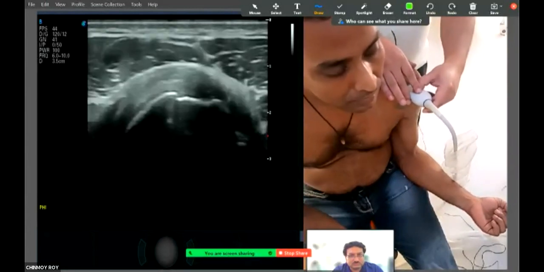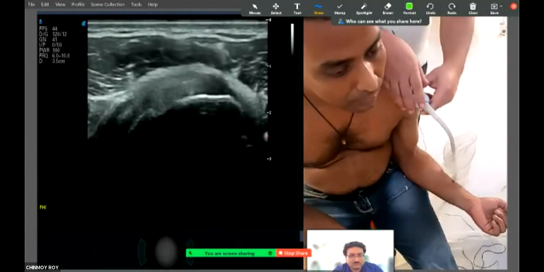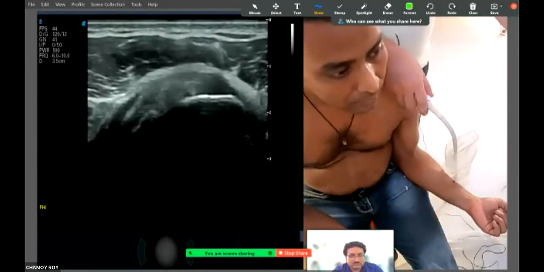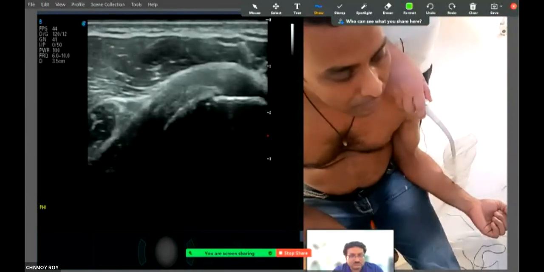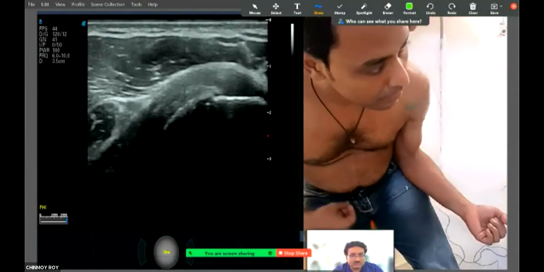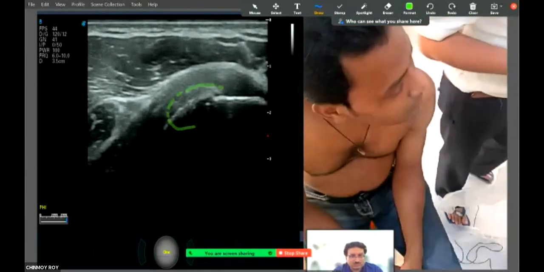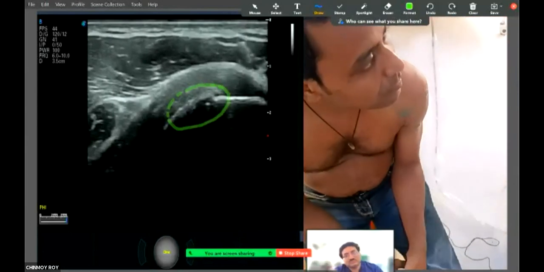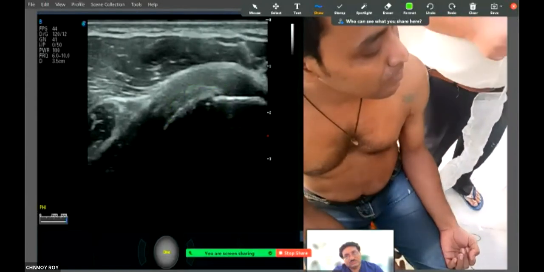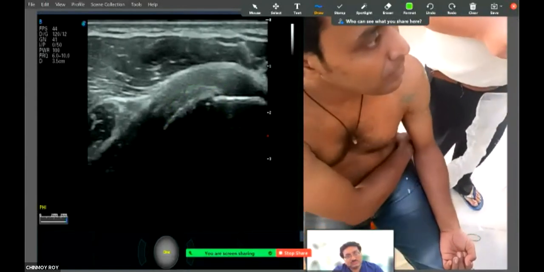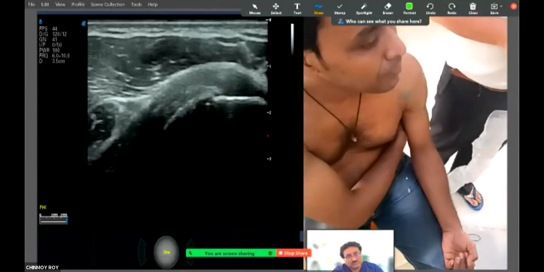While seeing, we will also notice that though he is our volunteer, we will always look at the cortical margin of the humeral head, and we can see there is some irregularity on the cortical margin of the humeral head in our volunteer also. So that is possible. If that is painful, then of course we will go for a diagnosis of tendinosis, and we need to treat that.